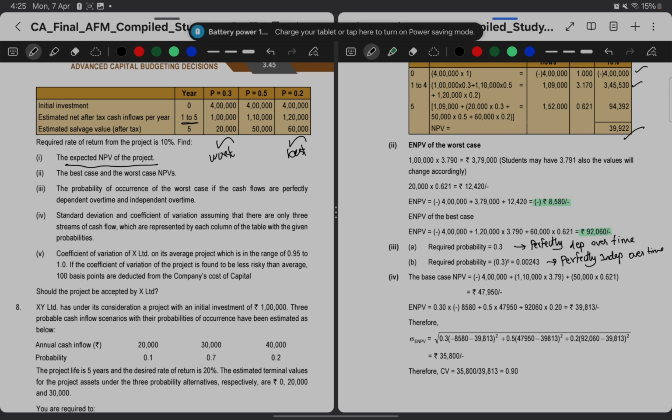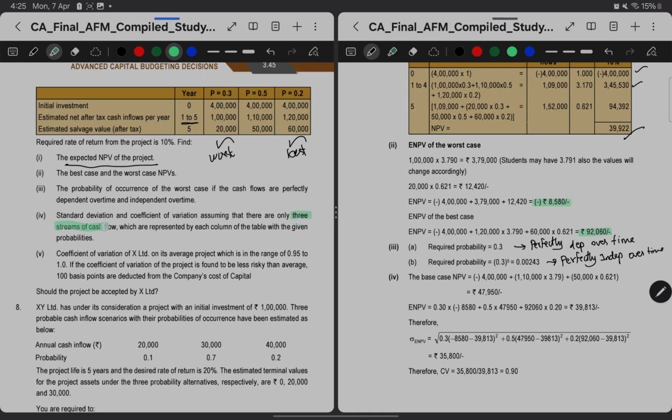Then coming to the next requirement, standard deviation and coefficient of variation. Assuming that there are only three streams of cash flows which are represented by each column of the table with the given probabilities, they are asking us to calculate based on three streams of cash flows. So how will I get the three streams of cash flows?